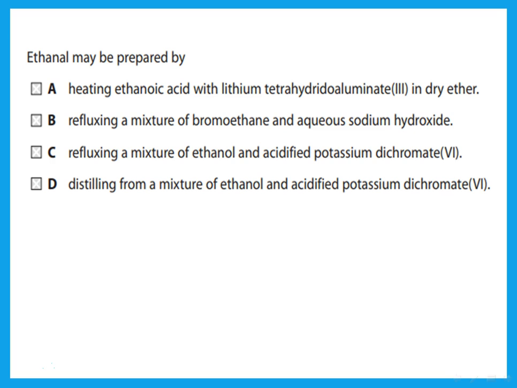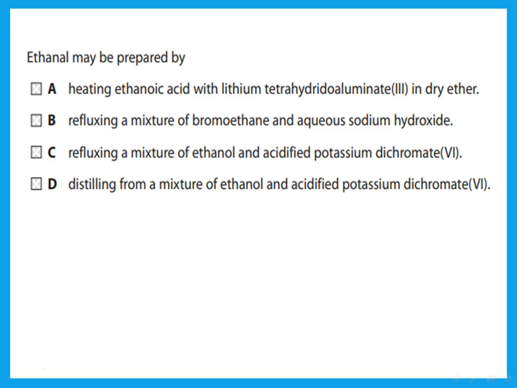Okay, let's take a look at this question. It says ethanal may be prepared by which of these? Okay, let's take a look at the choices. The first one says heating ethanoic acid with lithium aluminium hydride in dry ether. This will actually give ethanal, but it will continue to reduce, so at the end this will actually give an alcohol again. Now, if I say refluxing a mixture of bromoethane and sodium hydroxide, well, bromoethane and sodium hydroxide would give me the alcohol, not the aldehyde.